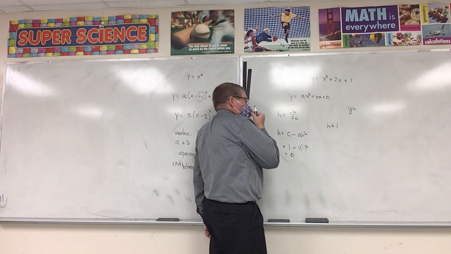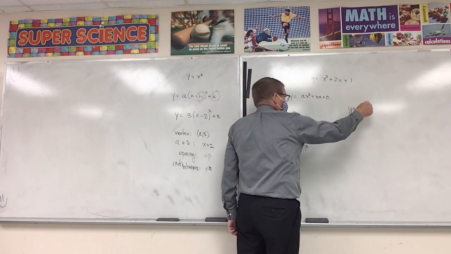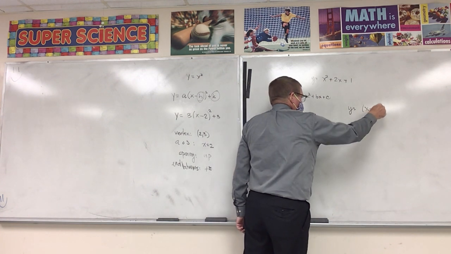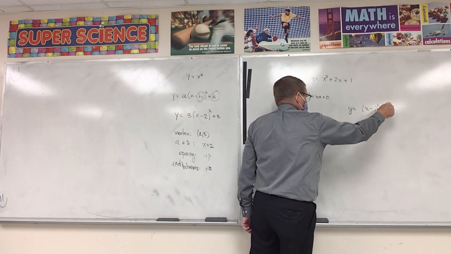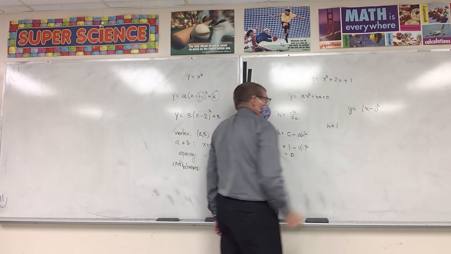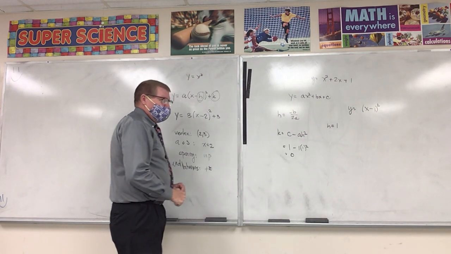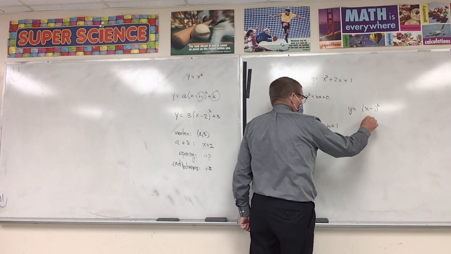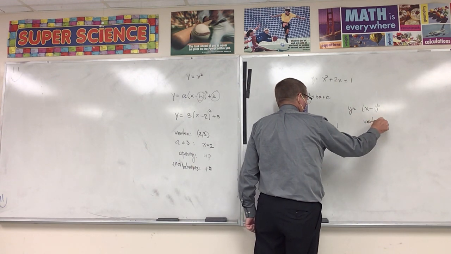So therefore, what is my quadratic? y equals, what's my a? 1 times x minus, what's my h? 1 squared plus k, which is 0. So there's my quadratic. What's my vertex? 1, 0.